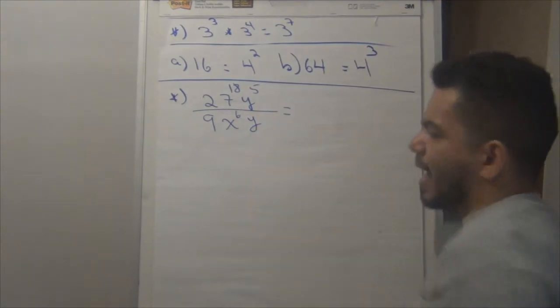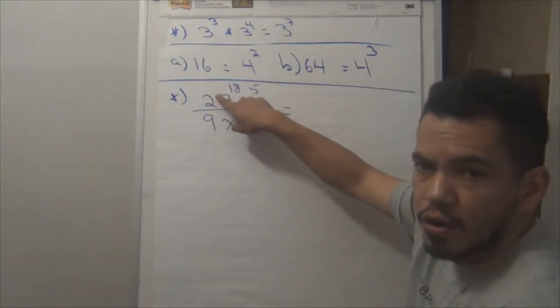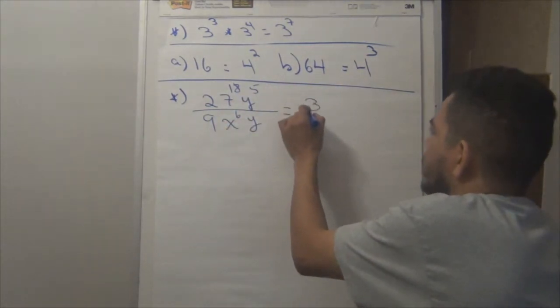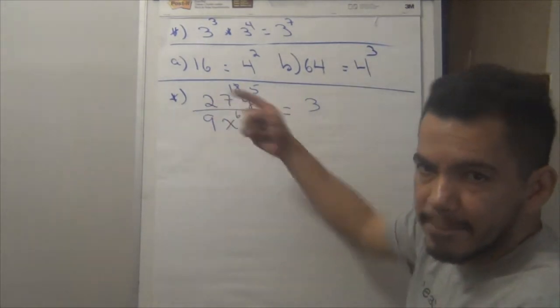So how can I express that? Well, first we deal with the coefficients. 27 divided by 9 is 3. And the 3 goes on top because this is the larger number. Got it? Okay.